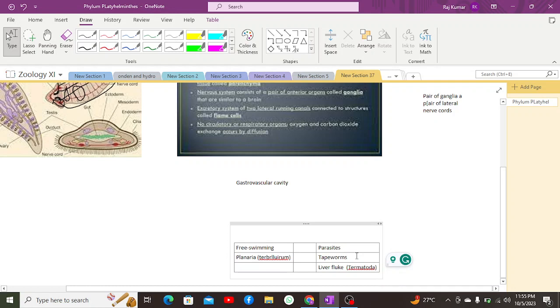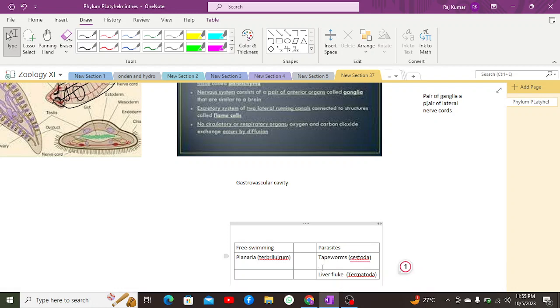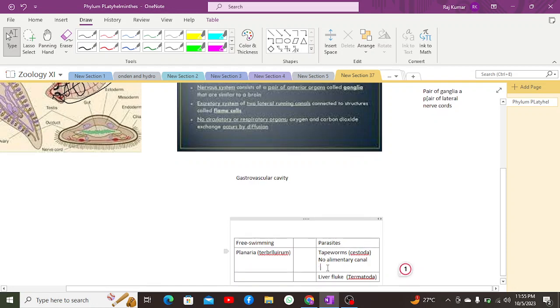Apart from which, tapeworms are involved in the class Cestoda. Cestoda includes those parasites which live particularly in the alimentary canal of vertebrate animals, and as they live there, they directly absorb the digested food from the host's alimentary canal, so they do not have any alimentary canal of their own.